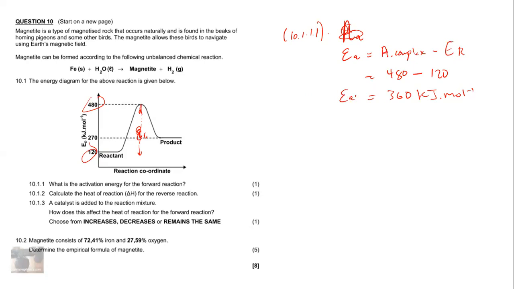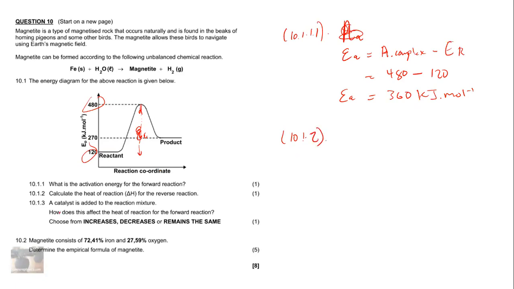This will be your activation energy. Or you can just write 360. It's fine. It's 1 mark. You're not going to get it wrong. Just that I want you to know how we calculated it. Okay. Because even if their memorandum says 360, you're going to get confused. Where does this 360 come from? There is no 360 here, but you have to know how we did it.